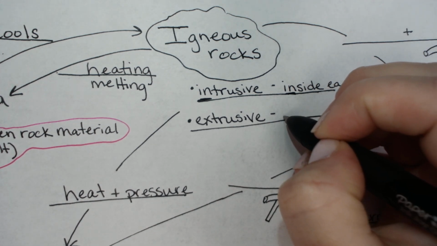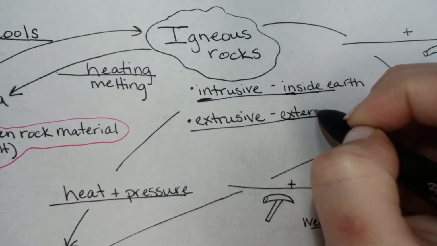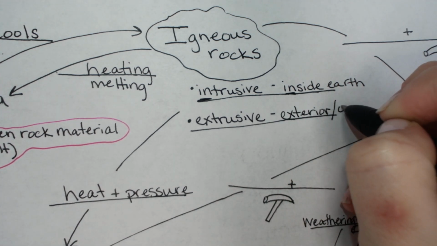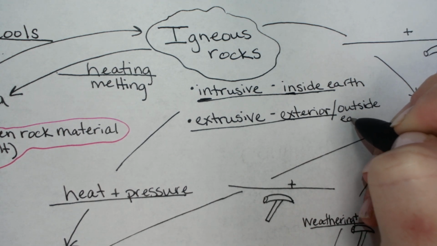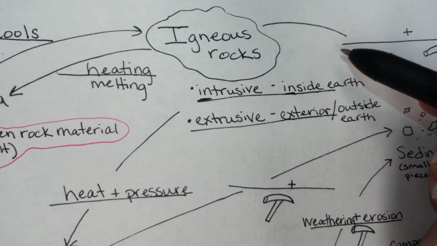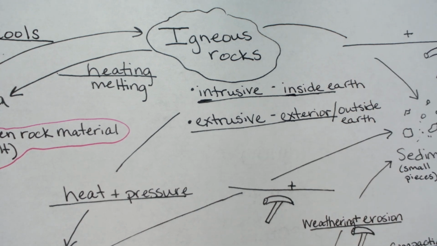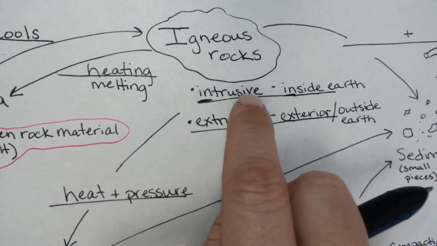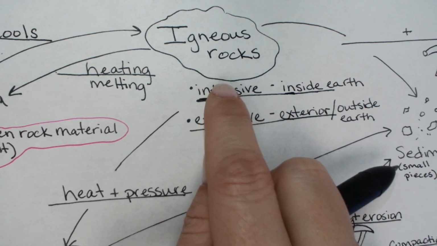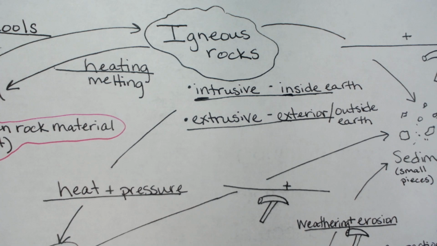Extrusive is the exterior, or outside, earth. Inside earth, outside earth. So those are my two types of igneous rocks. You can have an intrusive igneous or an extrusive igneous.